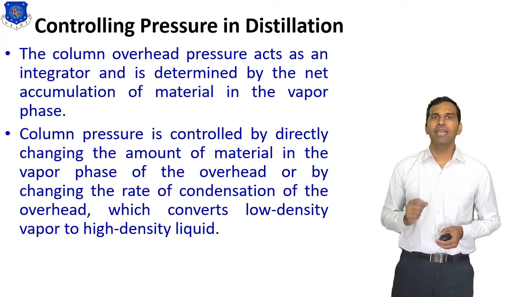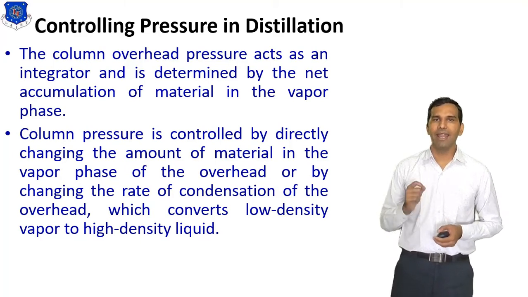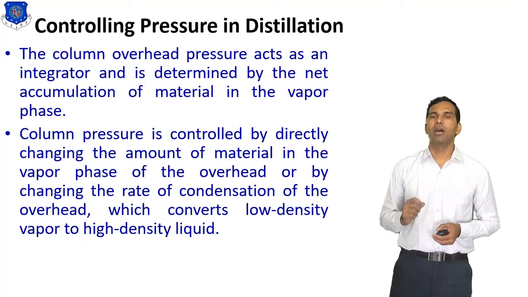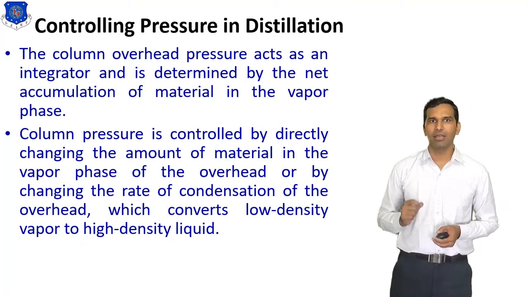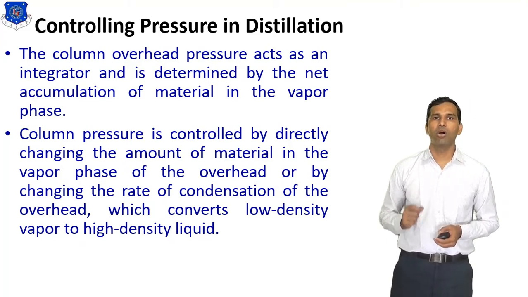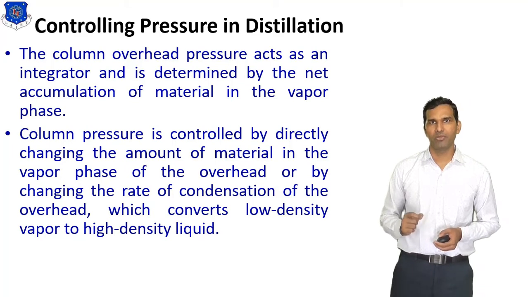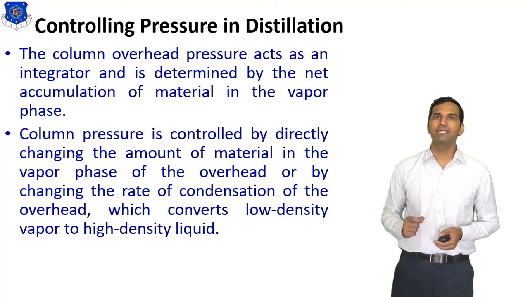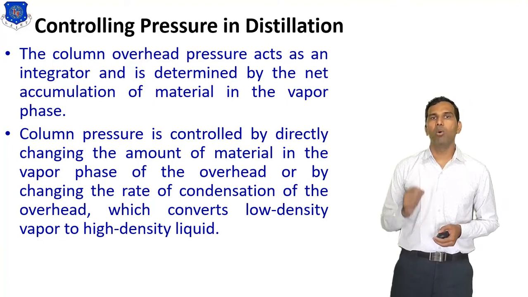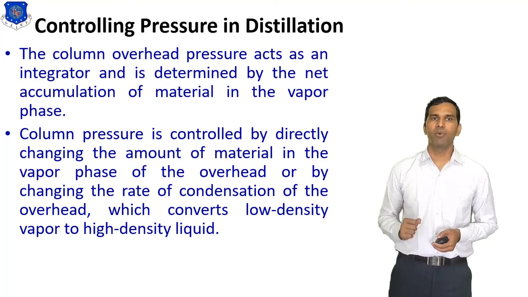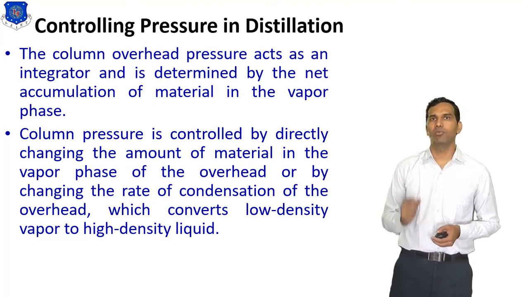Column pressure is controlled by directly changing the amount of material in the vapor phase of the overhead, or by changing the rate of condensation of the overhead, which converts low density vapor to high density liquid.